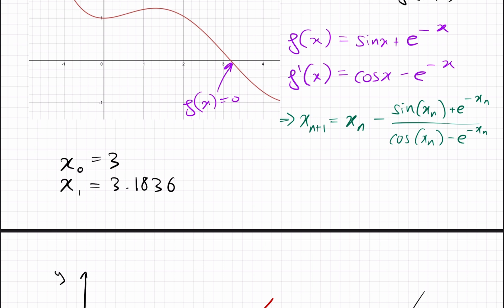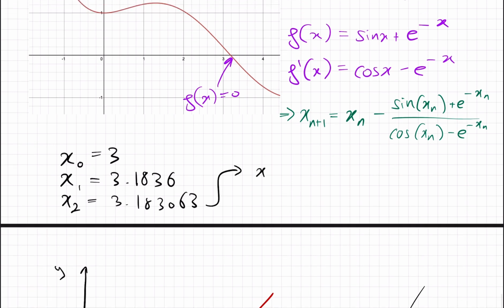You'll see it should converge as we do more and more iterations. So the number of specific decimal places doesn't really matter. But the next answer we get is 3.183063. Another one. Oh, so basically already converged. The next one is going to be 3.18306312.